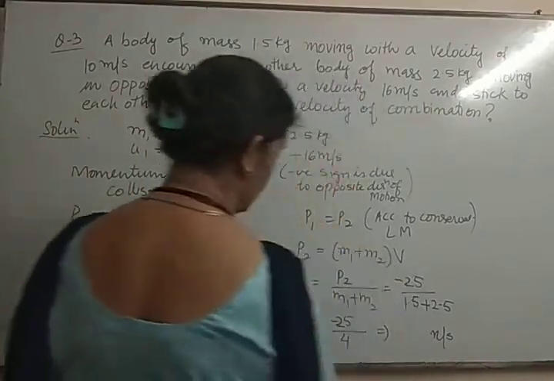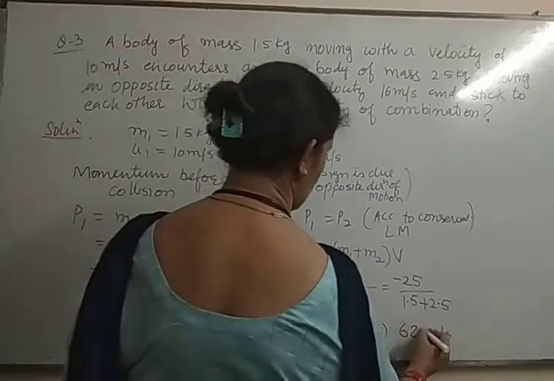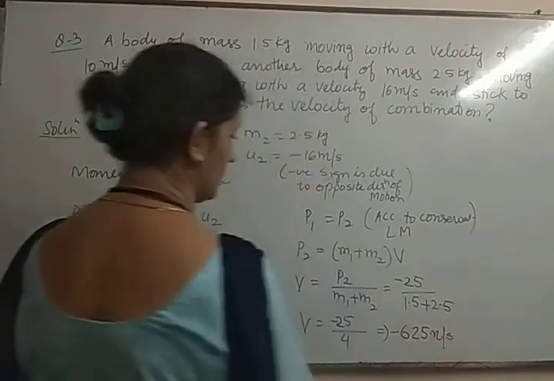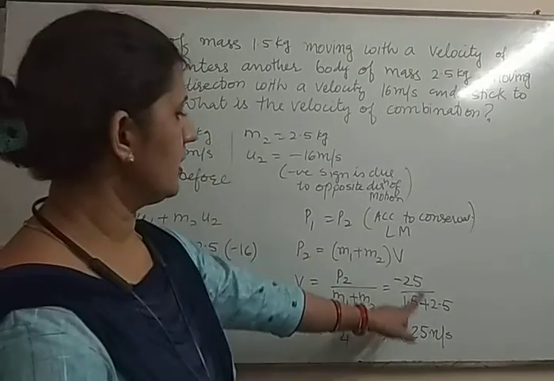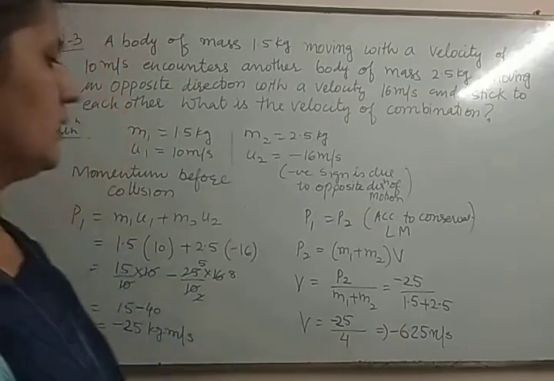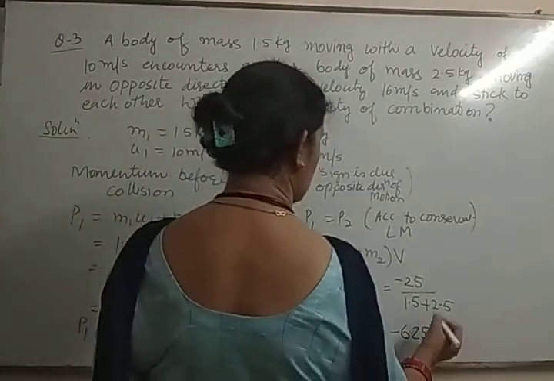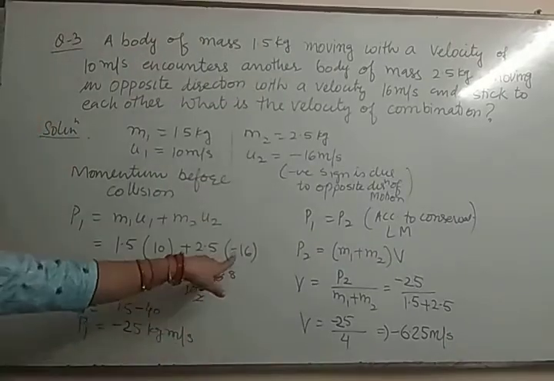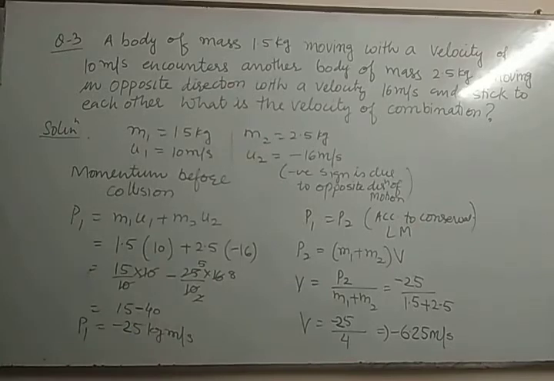And the decimal place will be... minus 25, adjust this and you will have 6.25 meter per second. Take care while calculating, we forgot the minus sign, so correct it. Now note it down.